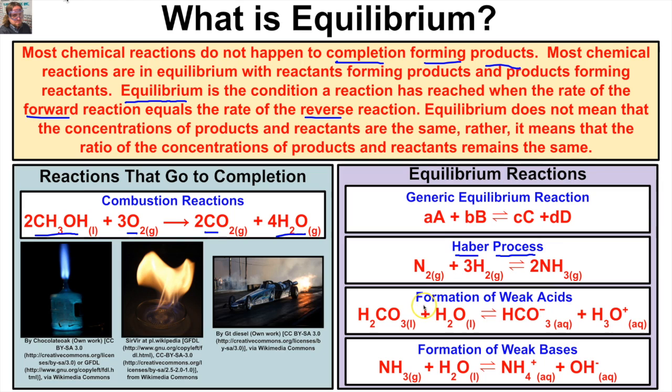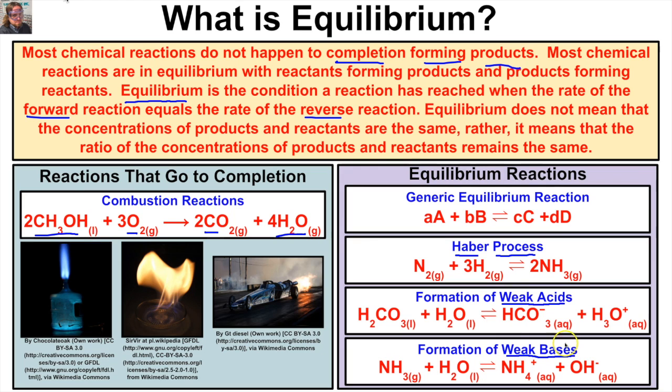In a later unit, we'll talk about weak acids and the formation of weak acids in our acid-base unit. Well, weak acids tend to look something like we see right here. Weak acid formation is an example of an equilibrium reaction, and same thing with the formation of weak bases.